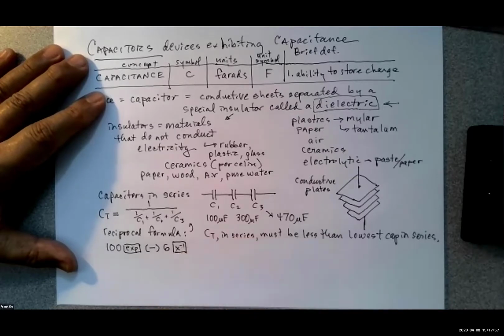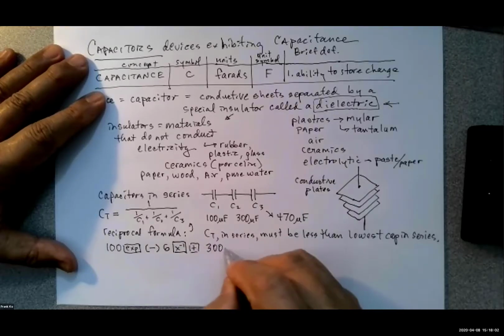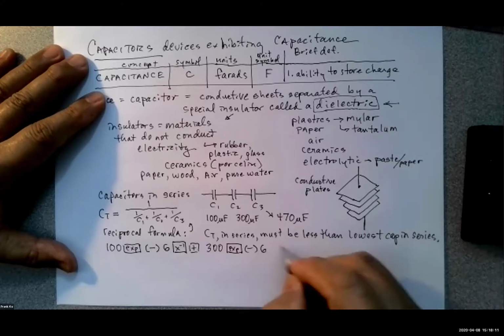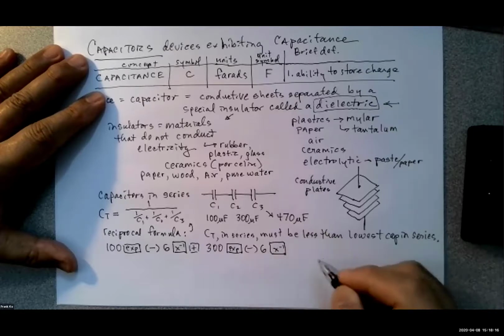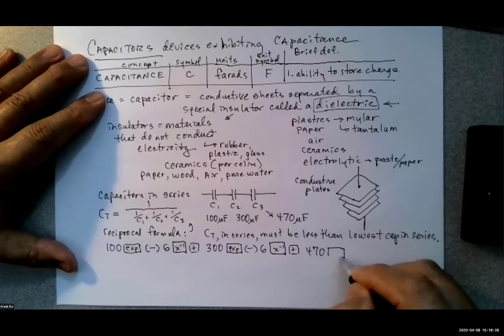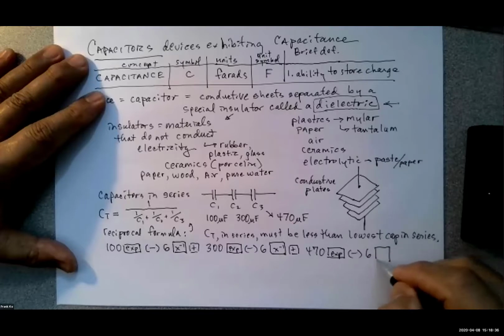X negative 1. Then you're going to add it to 300 on your calculator, EXP, change sign for the negative 6, and you're going to hit the reciprocal here, and you're going to hit plus. Then you bring in the last capacitor of 470, and it will be EXP, change sign, 6, and you have to reciprocate it.